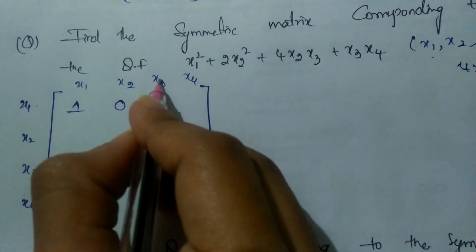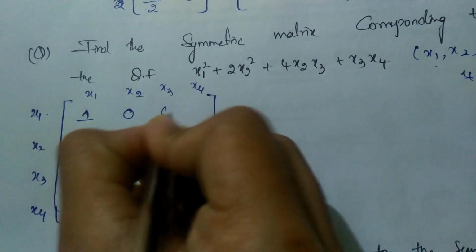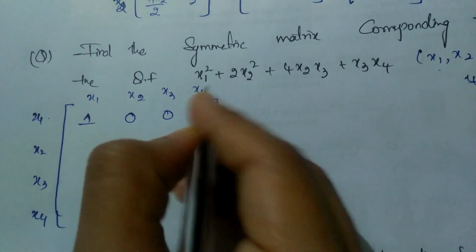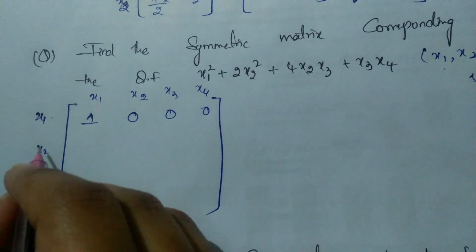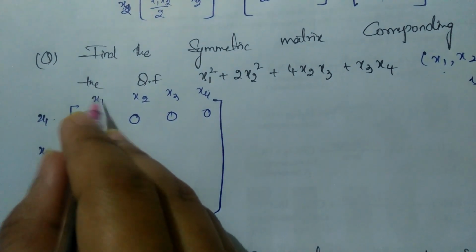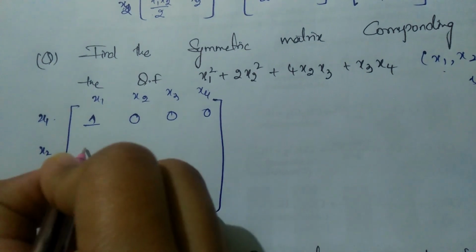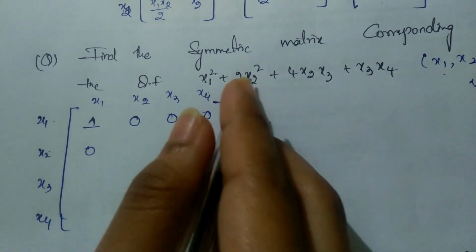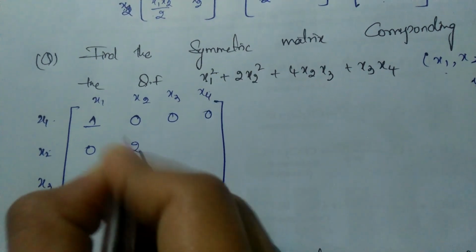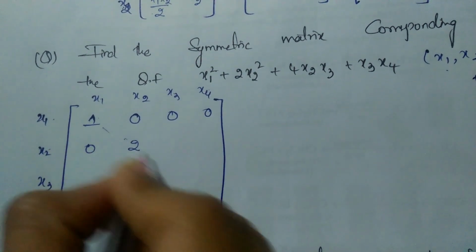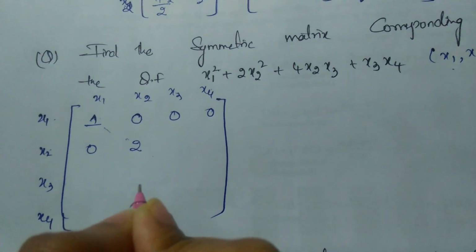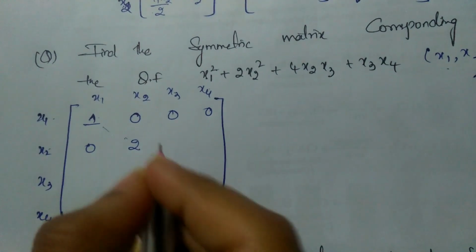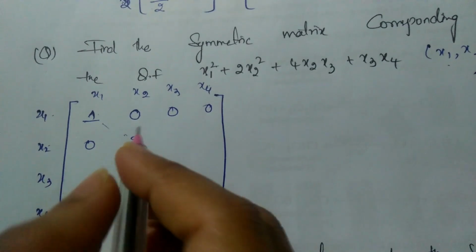Then the x1 x3 coefficient is also not there, so it is 0. x1 x4 is also 0, x2 into x1 is also 0, and x2 into x2 is x2 square, whose coefficient is 2. For diagonal elements we should not divide by 2; we just take the direct coefficient.